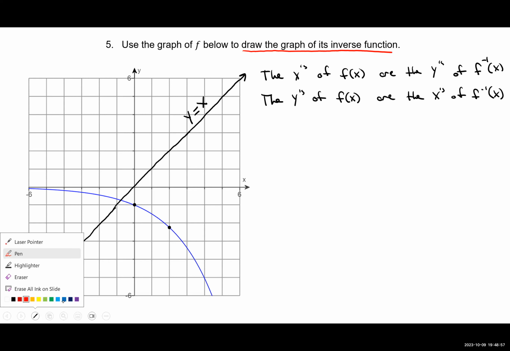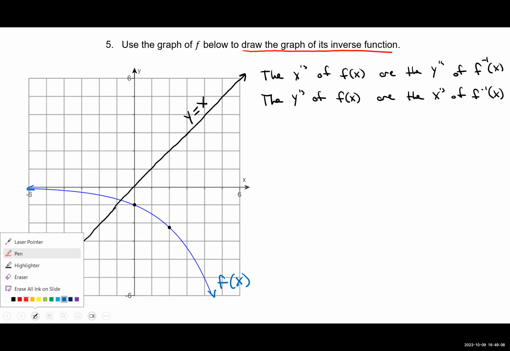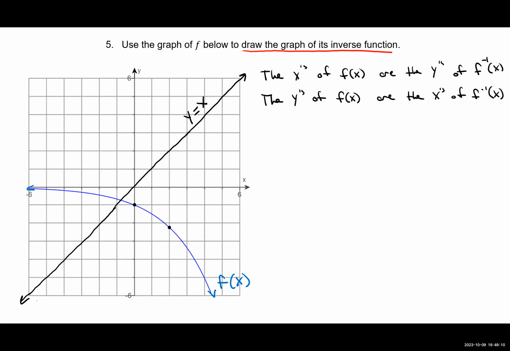So on the graph down here, the blue one, that's f of x. And let's say this is going in both directions. The inverse, I'll use red, is the reflection over the line y equals x. So a mirror image over the line y equals x. So that part will flip down there. This part will maybe go up this way a little bit.